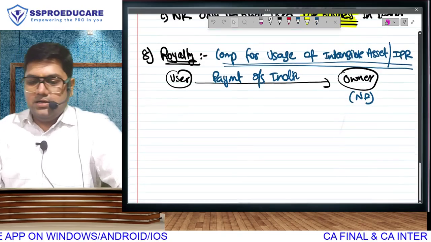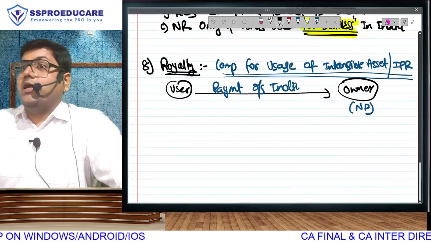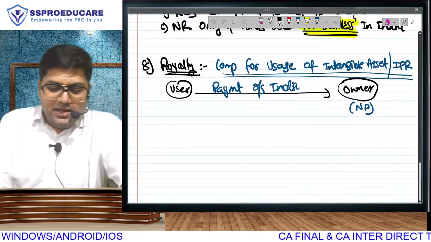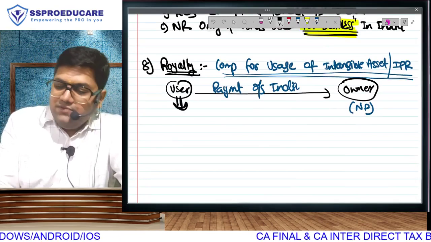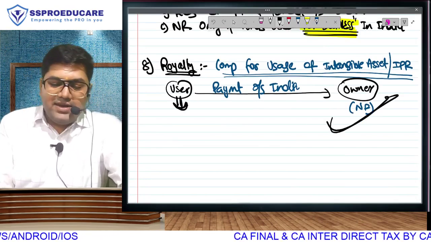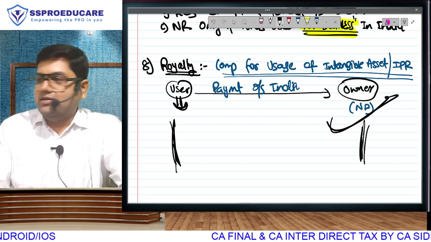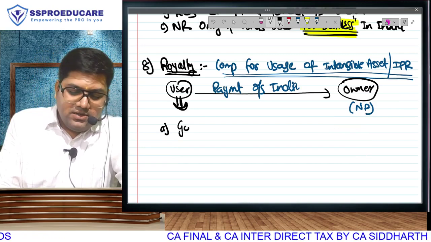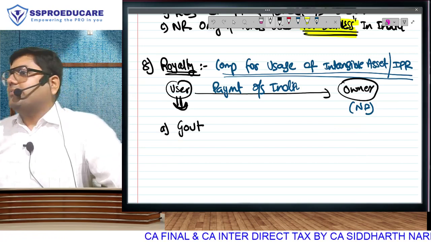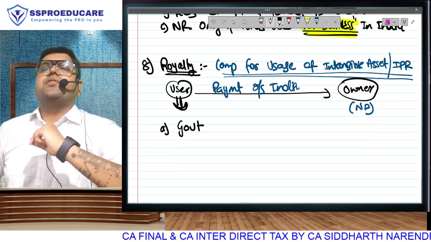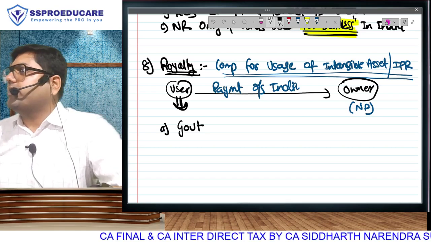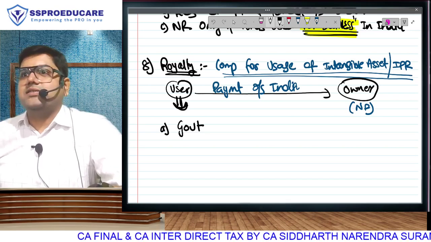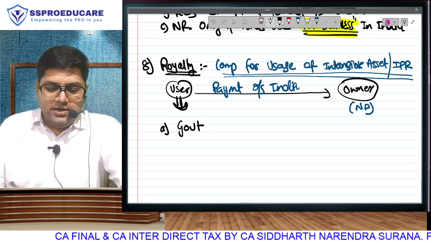I hope you understand. Now that you have understood the meaning of royalty, the taxation part is very, very easy. His usage will decide his taxability. Where he is using your asset will decide this taxability. So first, if the intangible asset is used by the government, it is taken for granted that it will be used in India, and therefore the non-resident income will be considered as Indian income.